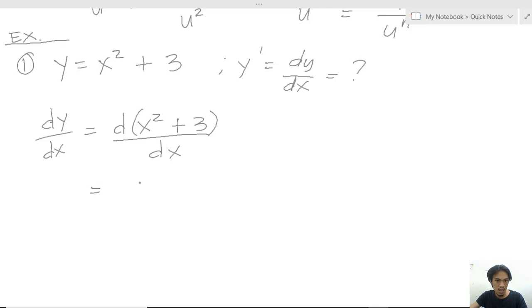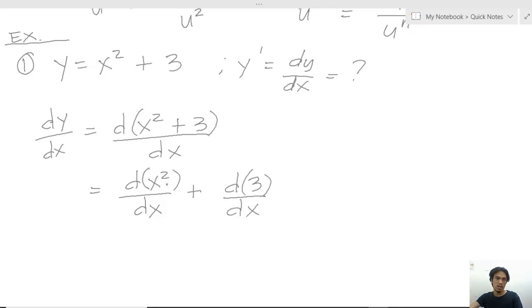This can be written as the derivative of x squared with respect to x, copy the positive, plus the derivative of the constant 3 with respect to x.